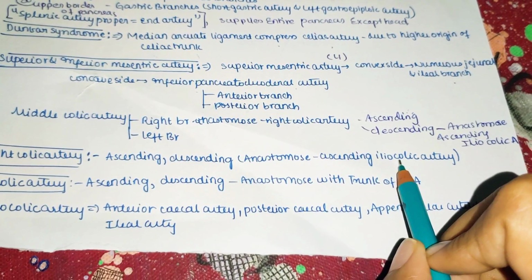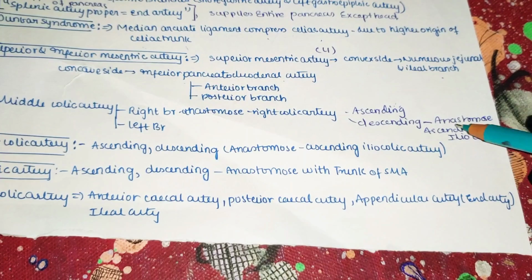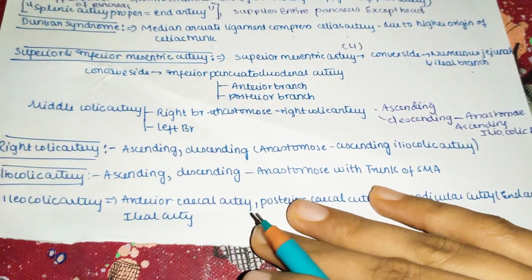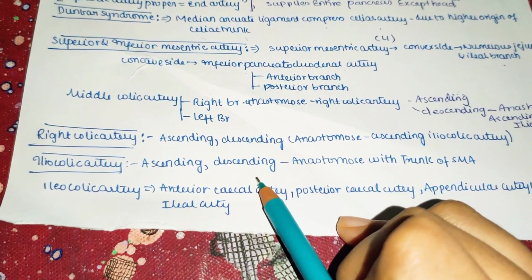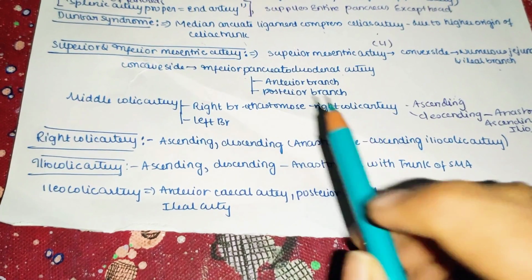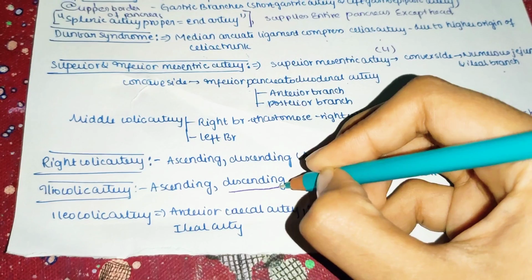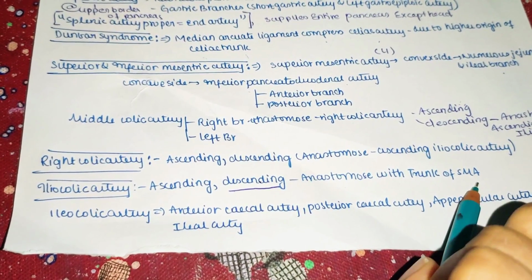So we already discussed that the descending branch of the right colic artery will anastomose with the ascending branch of the ileocolic artery. Now coming to the ileocolic artery, as I said, it has ascending and descending branches. Its descending branch will anastomose with the trunk of the superior mesenteric artery.